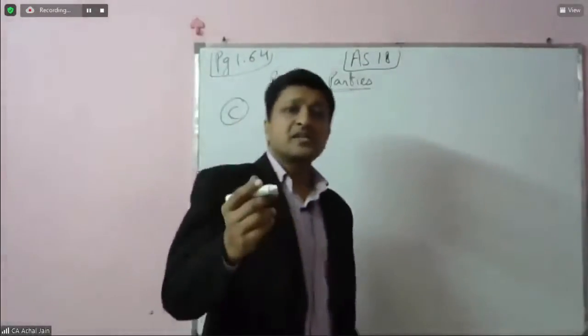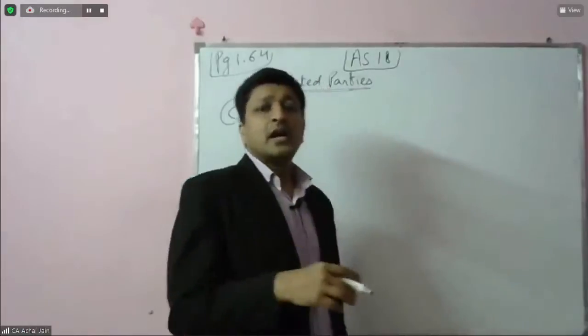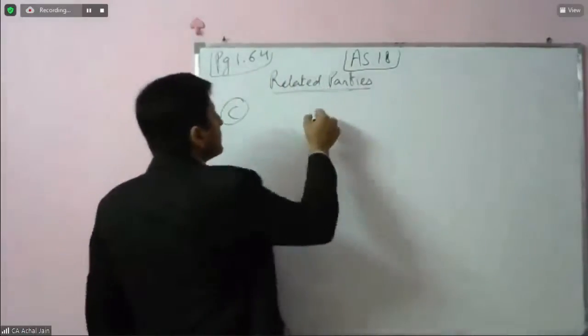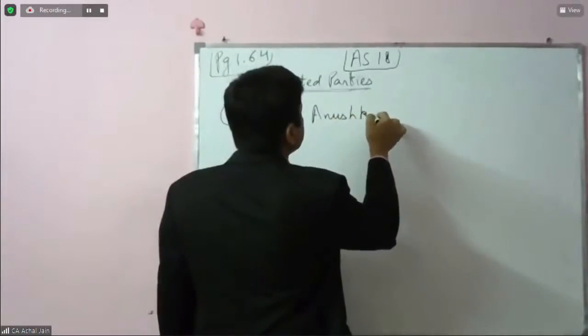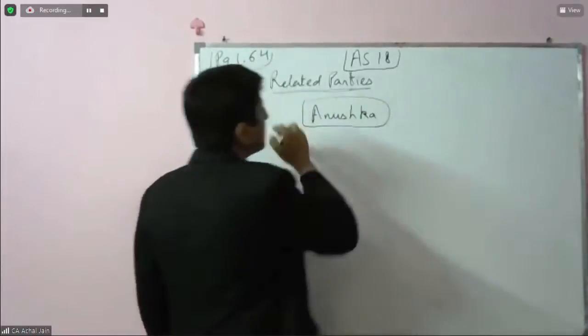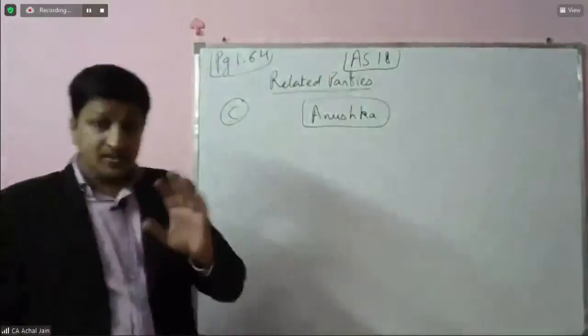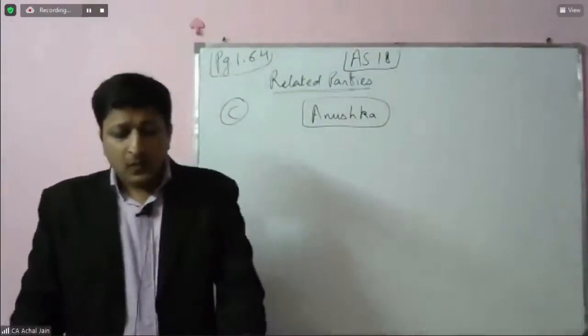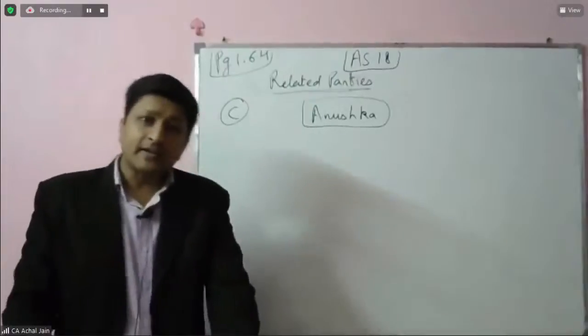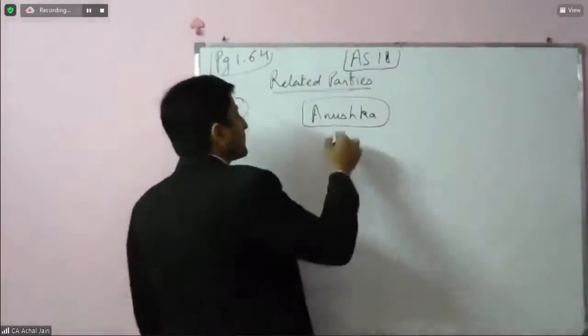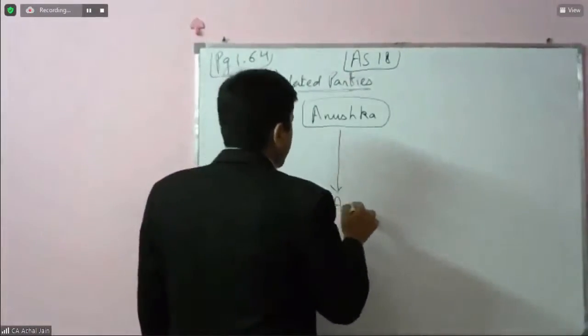So individual means, for example, we have Anushka. Yes, we have Anushka. So now we are saying Anushka as an individual, not as a company, has got control over an entity. Which entity? Say A Limited.